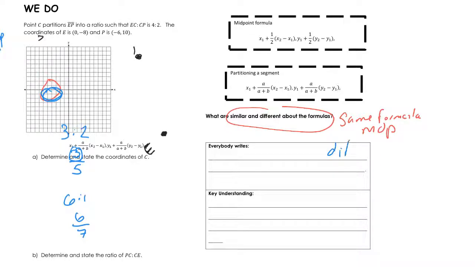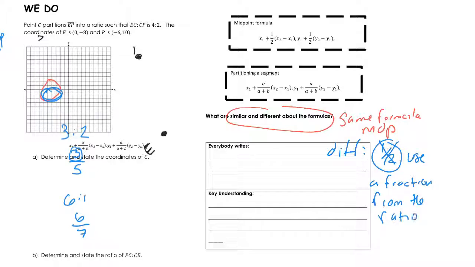The only difference is that instead of using 1/2, we use a fraction from the ratio. So if they give you a 3:2 ratio, my fraction would be 3 out of, I add both numbers for the denominator, that's 3 out of a total of 5 pieces. So that's the only difference, just the fraction in front.